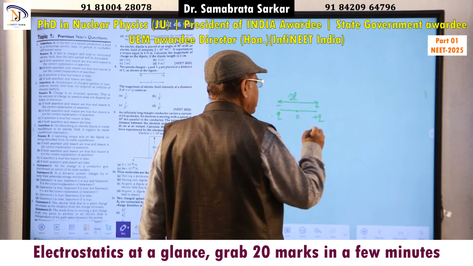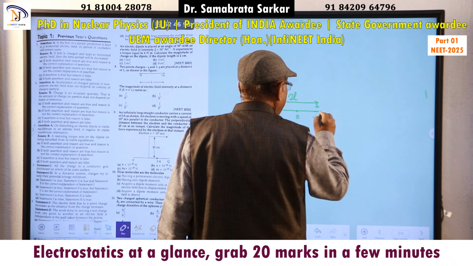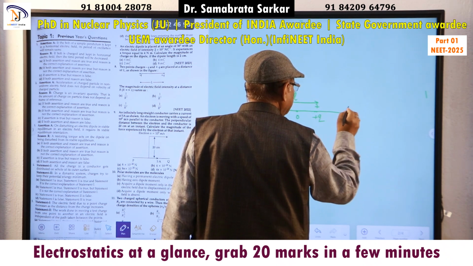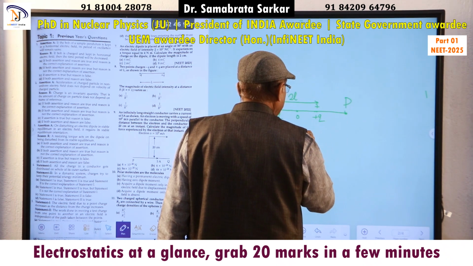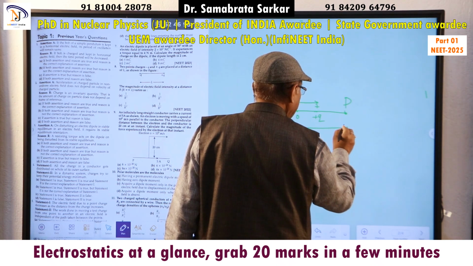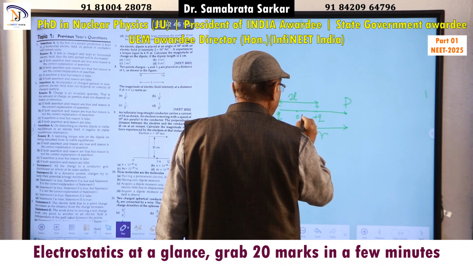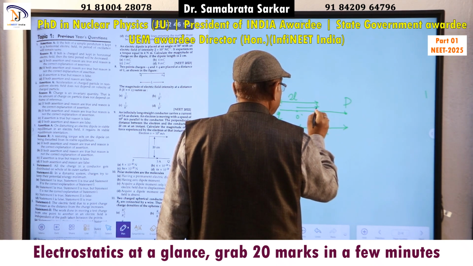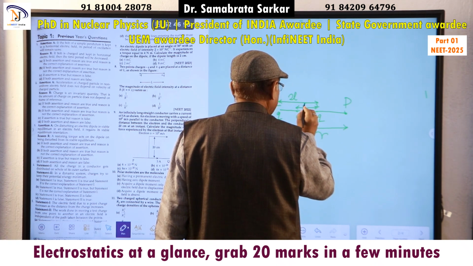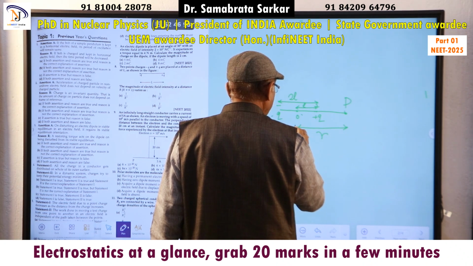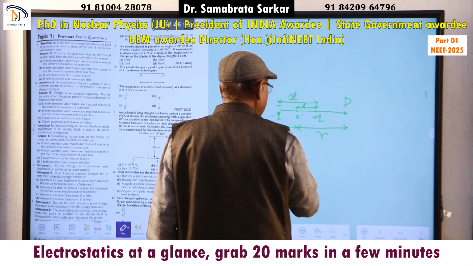And if you want to find the field at a point like this, that is P, the distance will be here like R. This is R, and this one is L, and this one is also L.